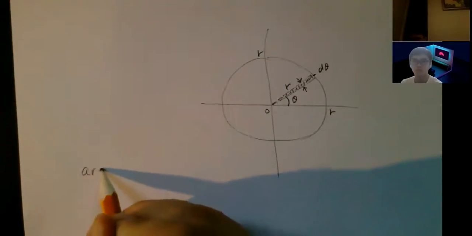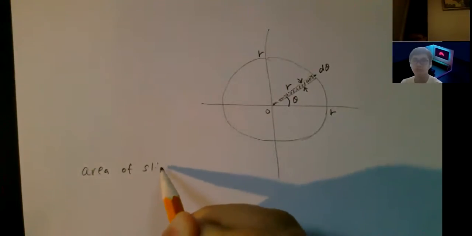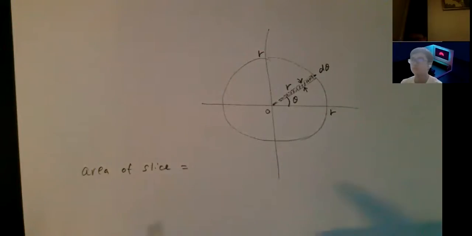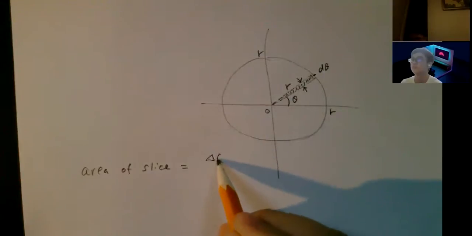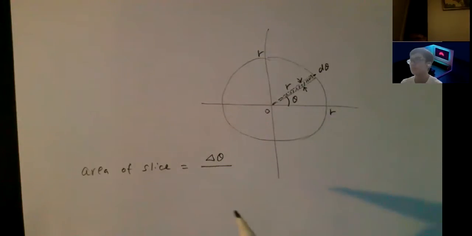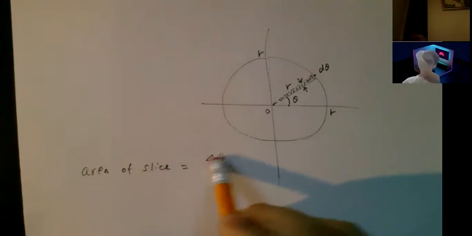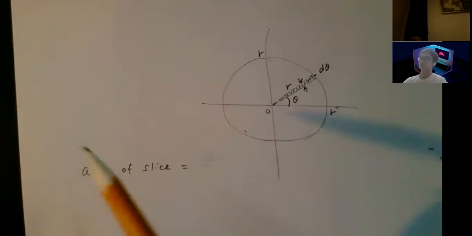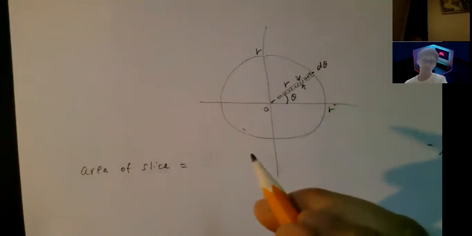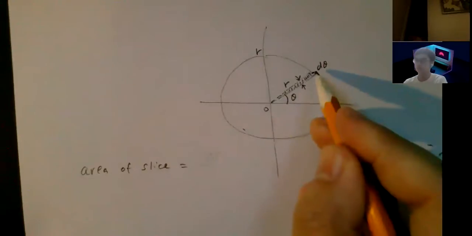The area of the slice: this slice is basically like a triangle.